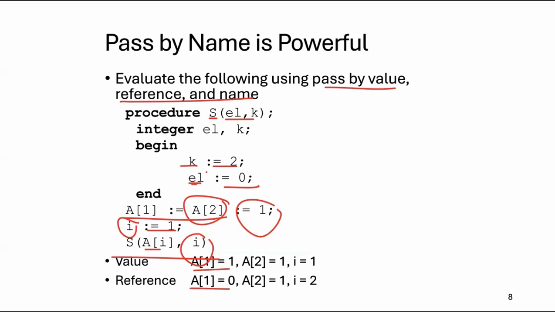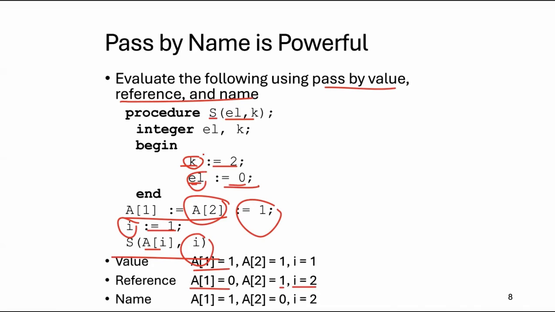Whenever it changes, it's going to happen here. When it is assigned 0, that's going to affect the original 1 that we're sending. So A of 1 is going to be assigned 0. A of 2 is not going to be affected at all, so it stays 1. And I is going to be assigned 2, because it's sent by reference as well. K is representing I, so when we change the value inside K, the I is going to change as well.